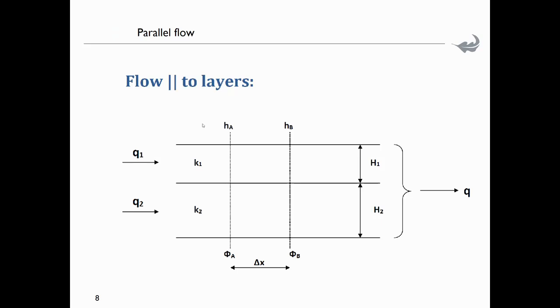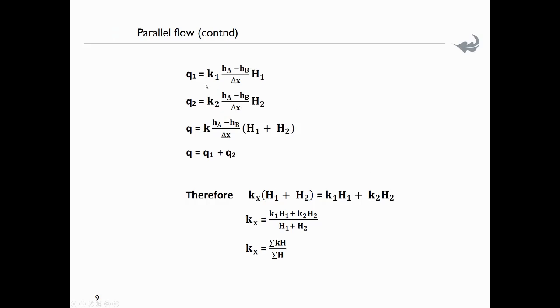If we have flow parallel to the layers, then we have a flow in the first layer, which has a K1 and a height h1, and Q2 is the flow in the second layer, and it combines for the total flow rate, Q. So if Q1 is this and Q2 is this, then the total flow rate can be derived, and we get to the point where we say the total flow is Q1 plus Q2, and therefore we do all of this mathematics, and in the end we say the k in the x direction is equal to the sum of k times h over the sum of all the h's.